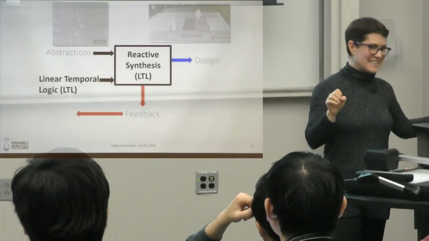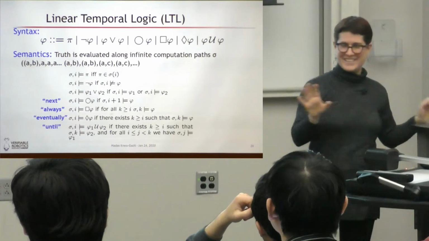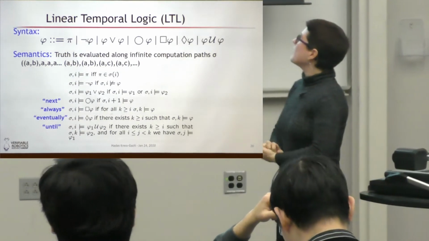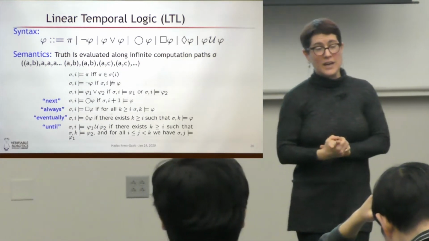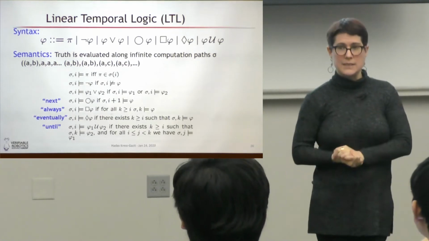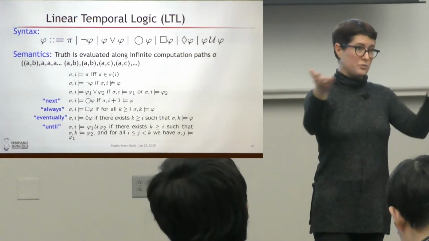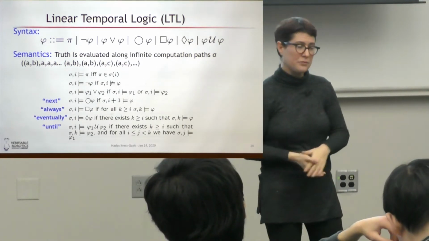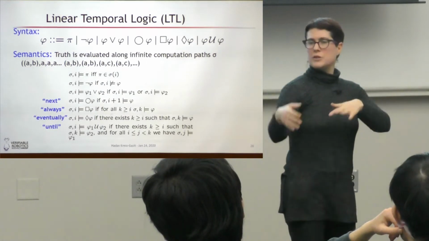So before then, let me make sure that nobody comes out of here without seeing linear temporal logic. You should at least have seen it once in your life. I'm kidding. Okay, so what is linear temporal logic? The easiest way to think about this is propositional logic, which you've all, I'm sure, seen at some point in your life. I have A, B, they're either true or false.